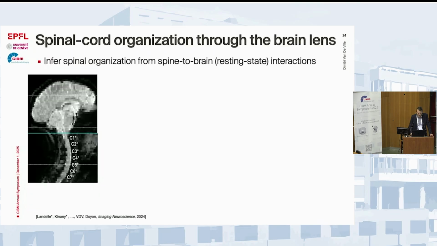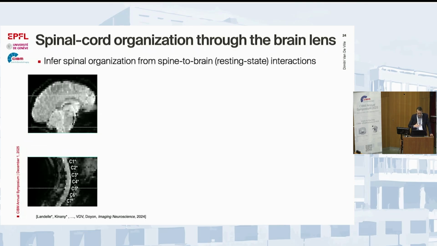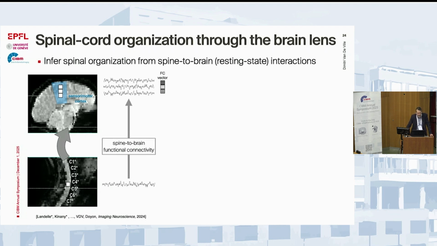Now, what can we do if we have both the brain and the spine? Many cool things. So first of all, we can look if we can infer spinal cord organization from the way it communicates with the brain. And what you can do is split the brain and the spine, doesn't hurt, and you can essentially now look at every voxel in the spinal cord and compute, in this case with the sensory motor cortex in the brain, a pattern of functional connectivity.